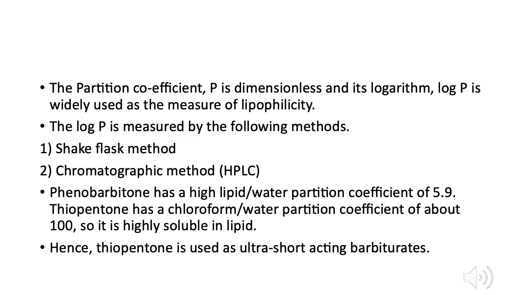The partition coefficient P is dimensionless and logarithmic, so logP is widely used as a measure of lipophilicity. The logP is measured by the following methods: 1, the shaking flask method, or 2, chromatographic methods such as HPLC.